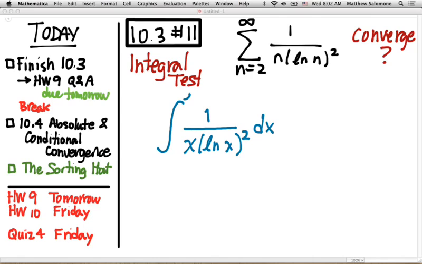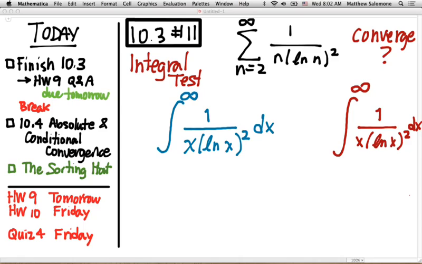And we'll be integrating that as an improper integral from something to infinity. And exactly what that something is, if we want to be technical about it, is going to depend on whether or not we'd like to show that this integral converges or diverges, so that we can conclude that the series does the same thing. So I'm actually going to be ambiguous about what that lower limit is for the minute, and then we'll go back at the end and figure out exactly what we want there.